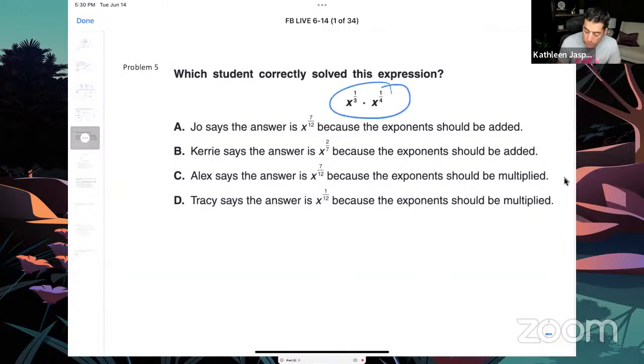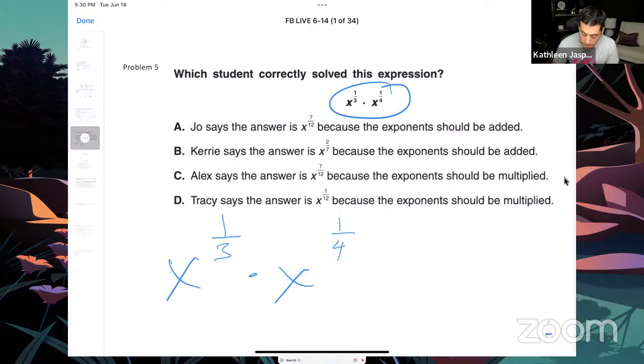How do we do x to the 1/3 times x to the 1/4? Something you need to know is when we have fractions as exponents, you have to have the same base in order to do this.